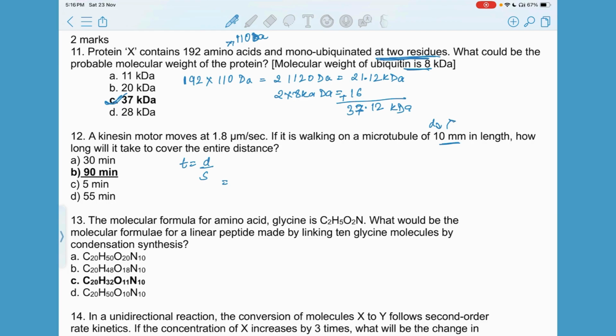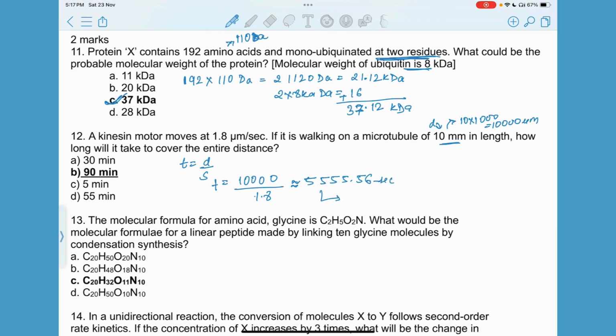So 10 mm when converted to micrometer will become 10 into 1000, that will become 10,000 micrometer. For the time, it will become 10,000 upon 1.8, which will come to approximately 5,555.55555, going on like that, seconds.